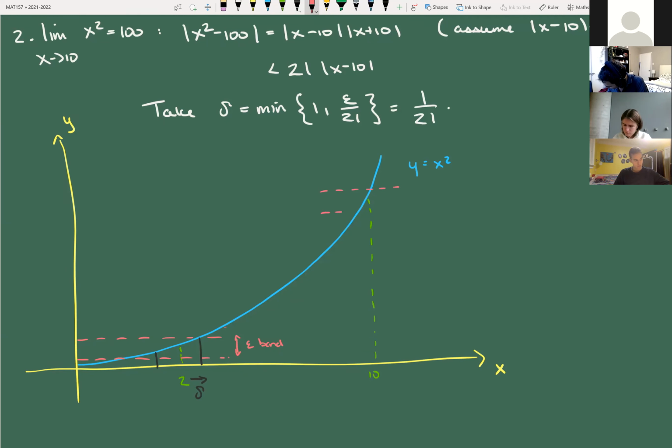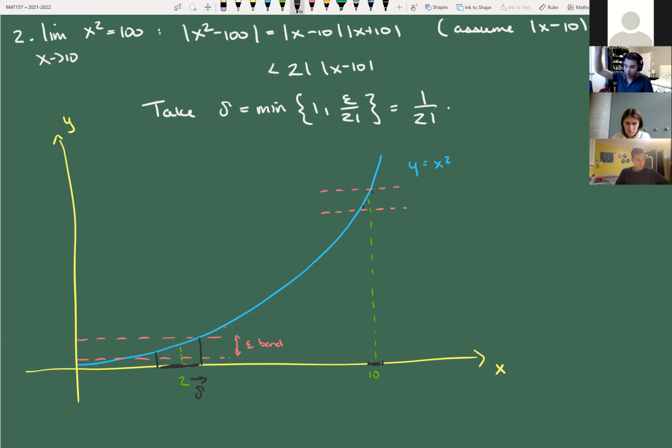Right, so I think those bands are about the same width, right? I think they look pretty close. And if we try and find a delta which works, obviously we've got a much smaller delta, right? So if you look at the size of these delta bands, you see that the one near 10 is much smaller than the one near 2.